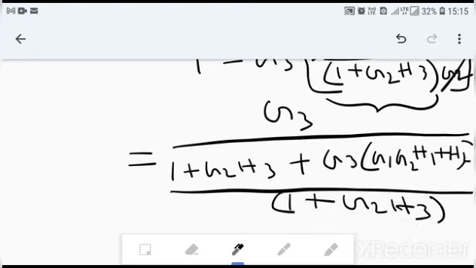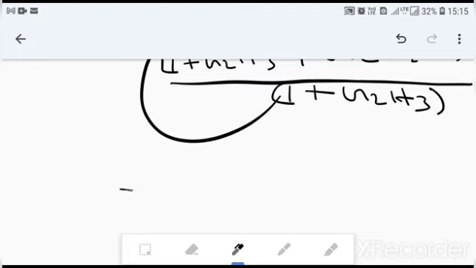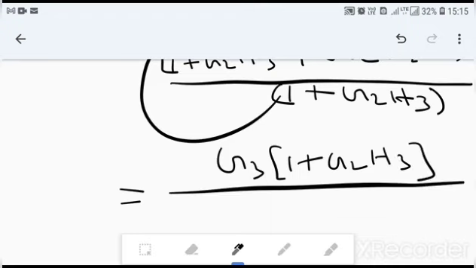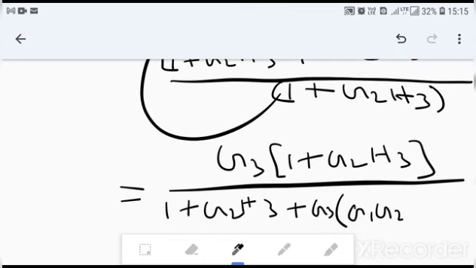So this denominator goes into numerator and we get G3 into 1 plus G2 H3 whole divided by the denominator again, right? This goes into numerator. So finally we get G3 into 1 plus G2 H3 whole divided by 1 plus G2 H3 plus G3 into G1 G2 H1 plus H2.